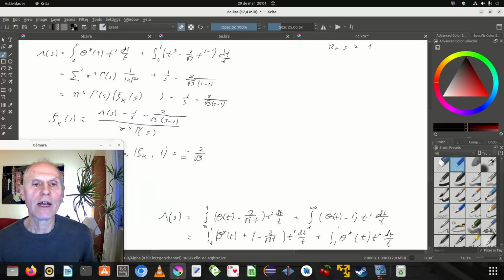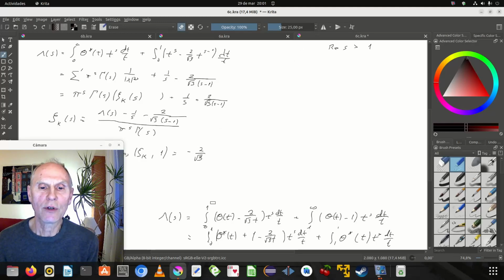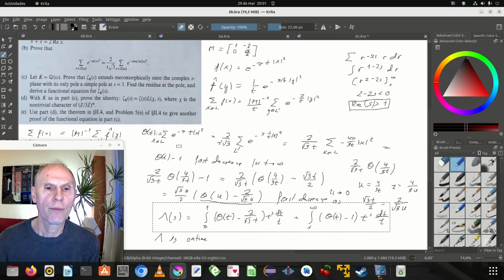I also have an idea how to go on, but let's just derive the functional equation. And now what do we do here? I think the right thing is to use the transformation formula, which we have, where do we have that?